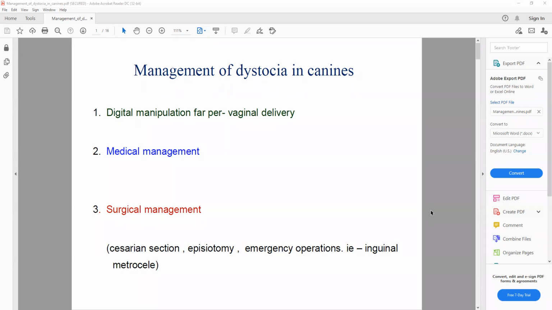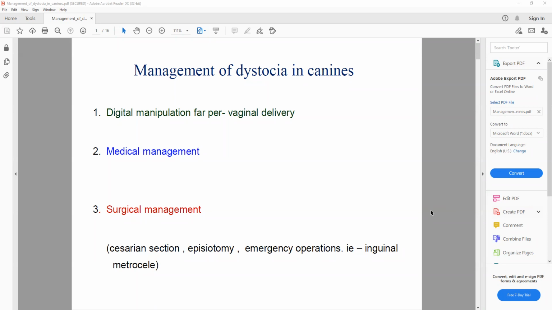So first management is digital manipulation, by means of per vaginal delivery. I will try to assist the bitch so that she can deliver the pup. In that way we have a very limited chance of doing this, in the sense that in large animals, when you put your hand per vaginally, you can keep your hand inside and grab the fetus, as there is a lot of space.